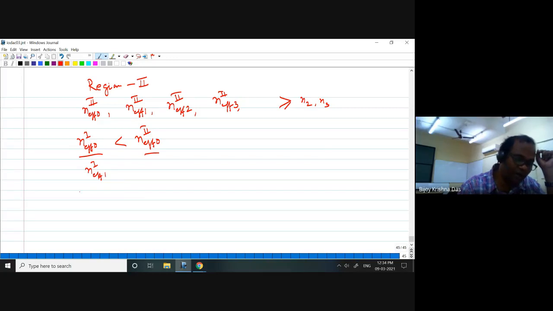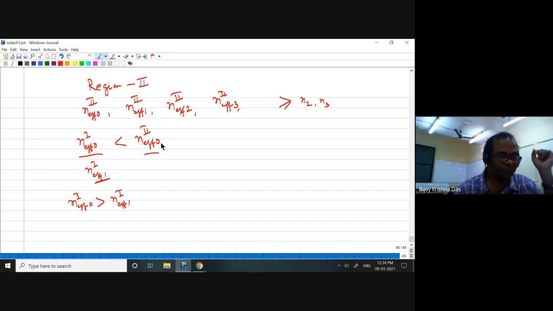We know that n effective 1 for region 2 should be greater than n effective 1 for region 1, right? So that means if this is less than n effective 0, this is also less than n effective 0. Is that clear?